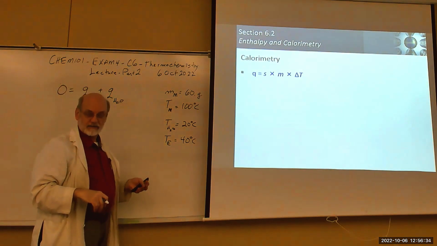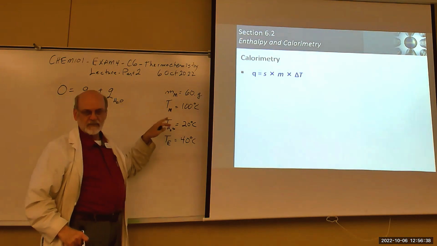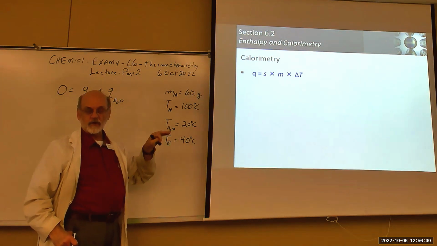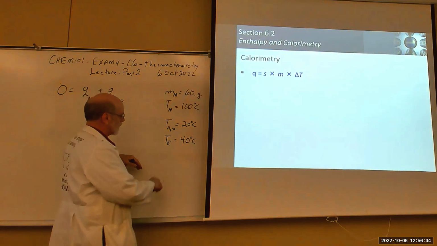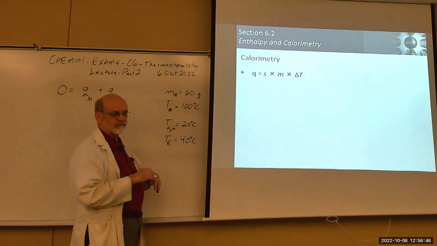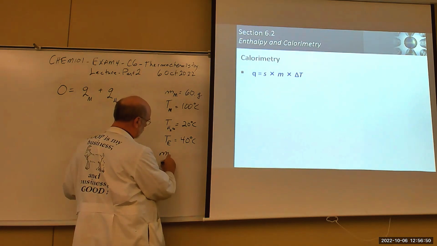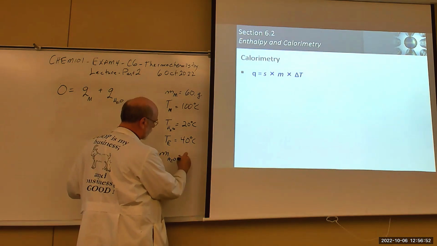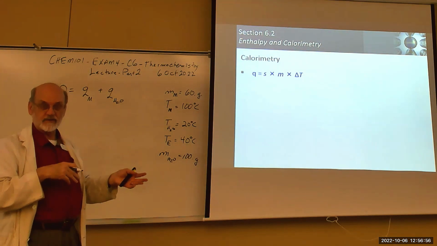Well, as it turns out, at that temperature, water is 1 gram per milliliter, very close to it. So let's say we have 100 milliliters of water in our container. So the mass of water is equal to 100 grams. 1 gram per milliliter, we have 100 milliliters, 100 grams.